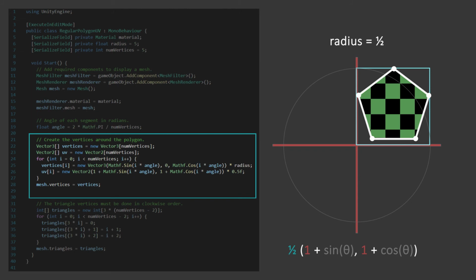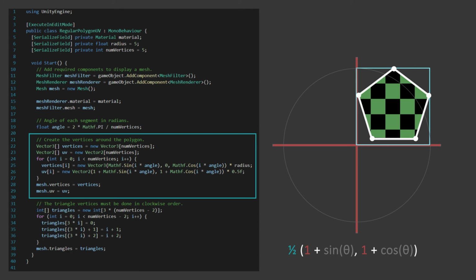As with the vertices, each iteration round the for loop gives us the angle for the next vertex. All that remains is to scale the Vector2 by 1/2 so it's the right size. The final thing is to attach the UV to the mesh and we're done. It's as simple as that. We've only had to add 3 lines into our old code.